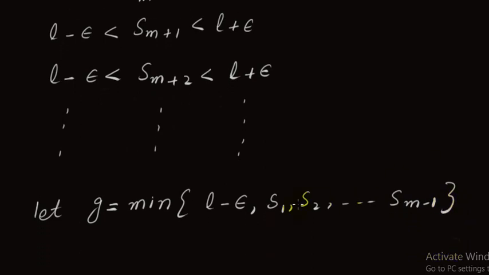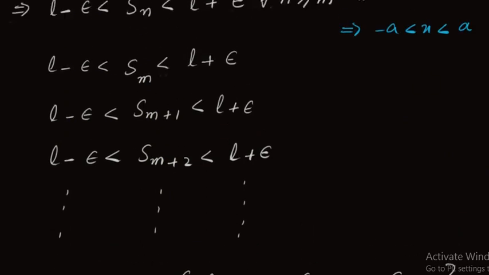Now, in this equation, if g is equal to the minimum of these values, then all the values are covered, because L minus epsilon is less than Sm, Sm plus 1, Sm plus 2, and so on, infinitely many values which are greater than m.